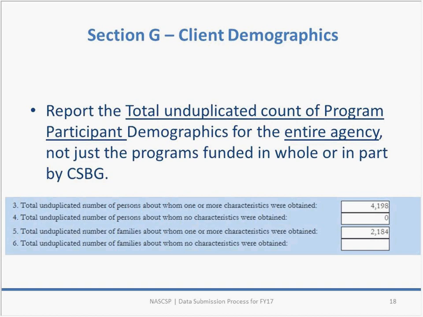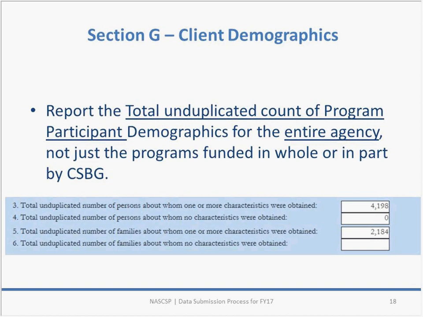Something to note on this form is that numbers 3 and 5 are the unduplicated number of families and/or individuals about whom characteristics were obtained, and 4 and 6 are the unduplicated number of families or individuals about whom no characteristics were obtained. So in an example like the food programs where you may not collect all data points on all participants, if you don't collect any data points on them, you place those folks in 4 and 6.